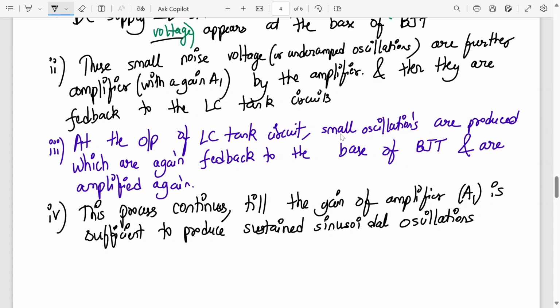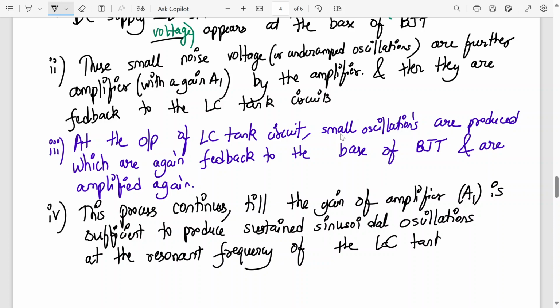Okay, so this happens, sinusoidal oscillations at the resonant frequency. So the LC tank circuit will work at the resonant frequency of the LC tank circuit. So the LC tank circuit will decide the frequency of oscillations.